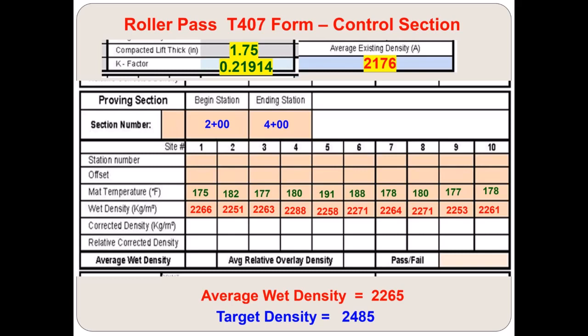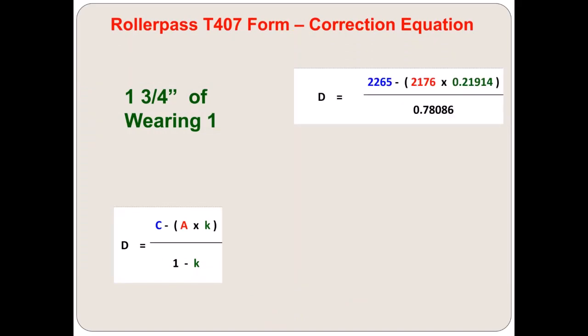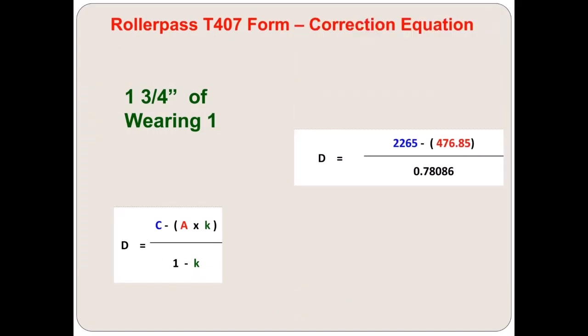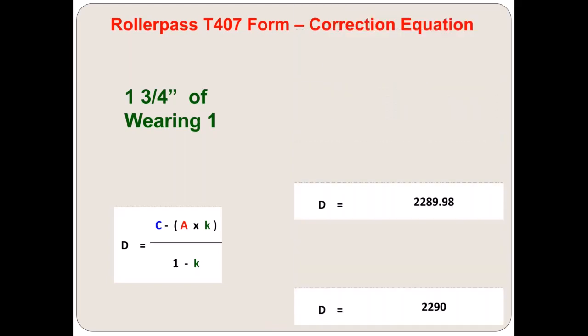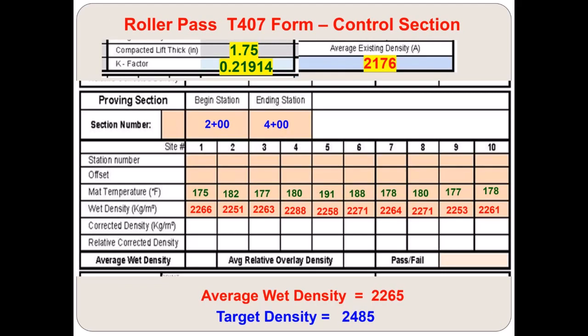So our average wet density out of those tests was 2265. We'll go through the math again. And we have a 2290 corrected density.